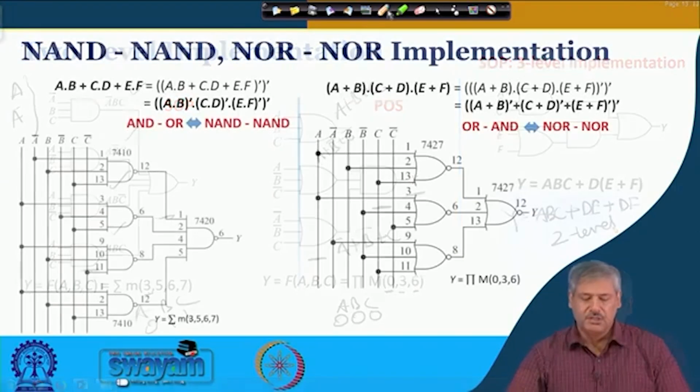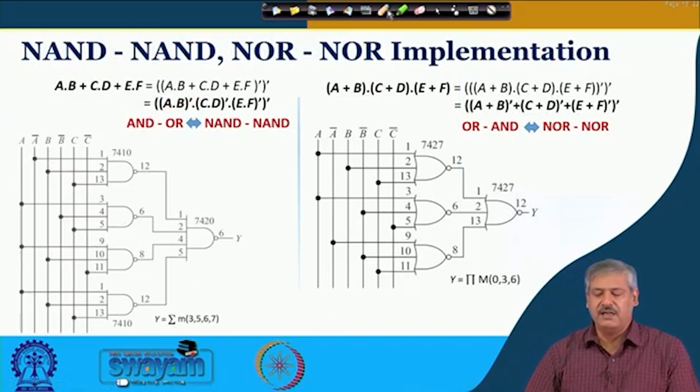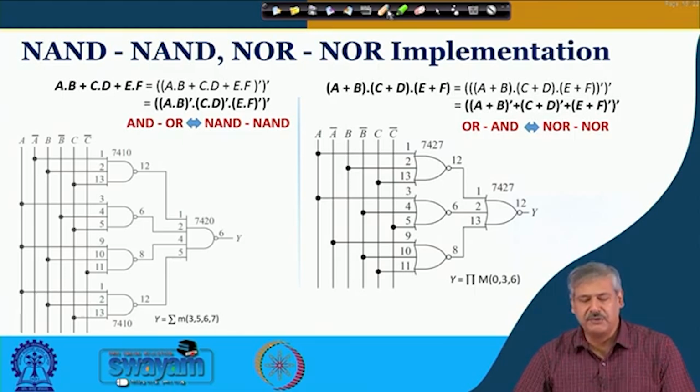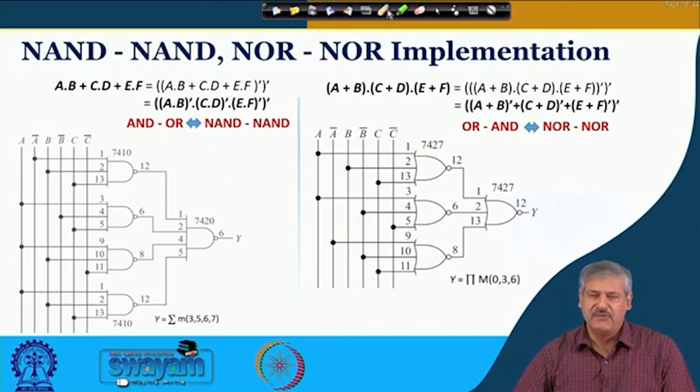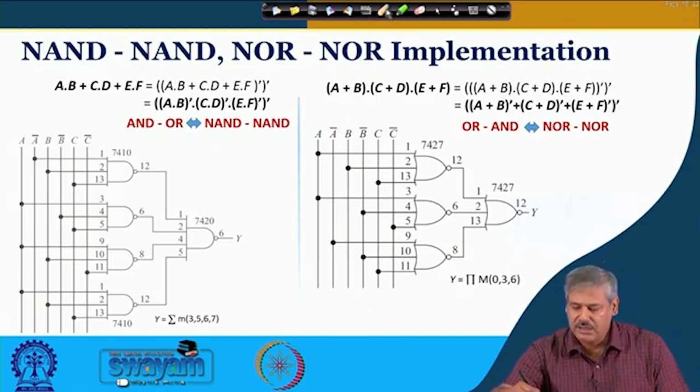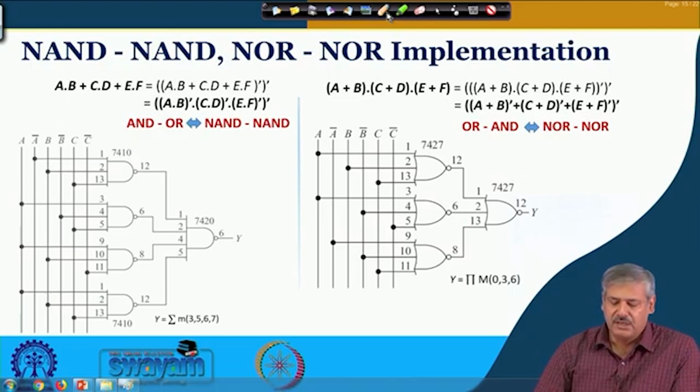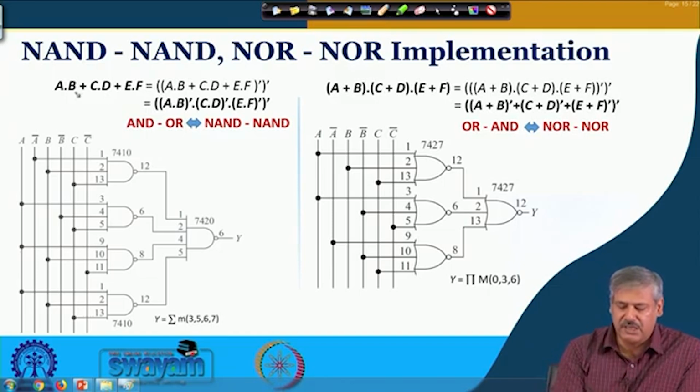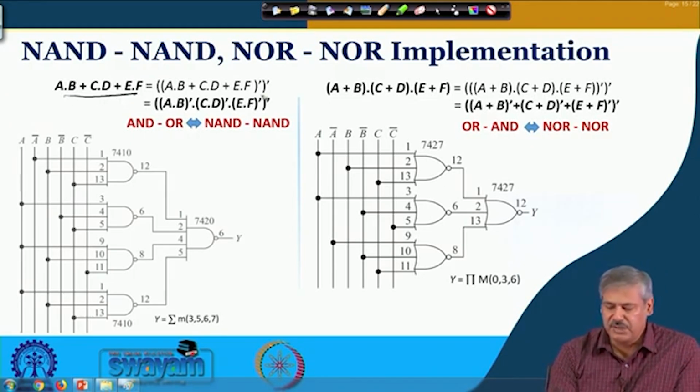We can use NAND, NAND and NOR, NOR based 2 level circuits for realization of SOP and POS forms respectively. This is useful in the sense that it uses only one variety of gates. This is evident from this particular relationship shown here for A, B, C, D and E, F. This is a SOP realization. In this case you can take the double complement of it, and then from De Morgan's theorem you can see that A B becomes A B prime, that is your NAND operation.